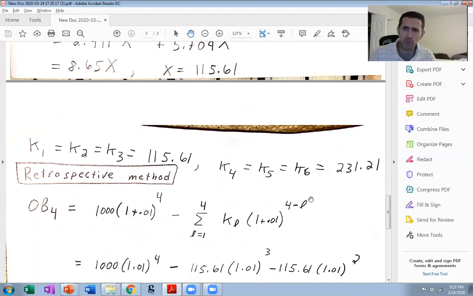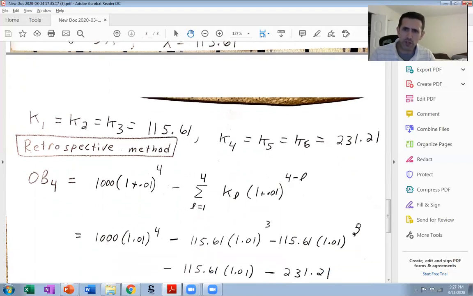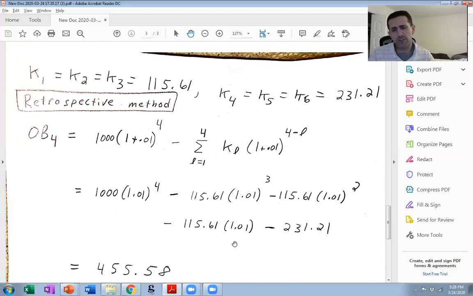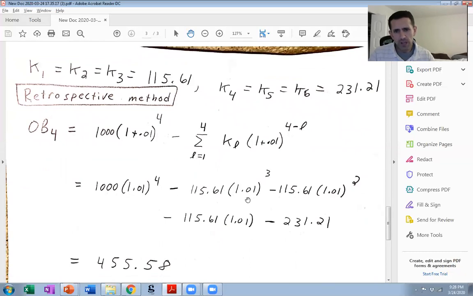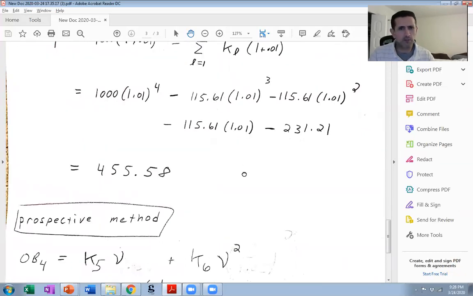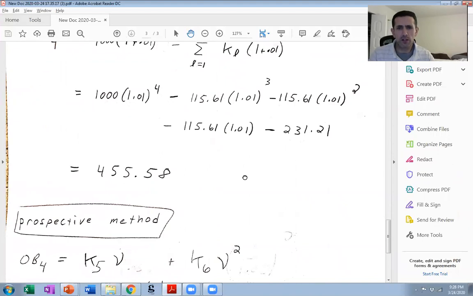K2, 4 minus 2 is 2. K3, 4 minus 3 is 1. And K4, 4 minus 4 is 0. K1, K2, K3 are 115.61, K4 is 231.21. So we get 455.58.